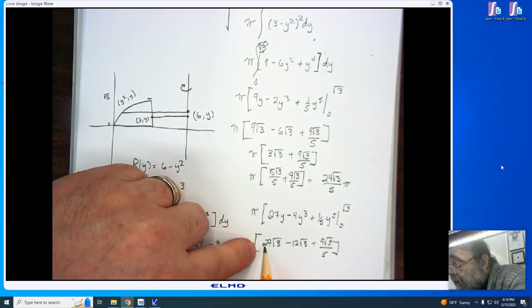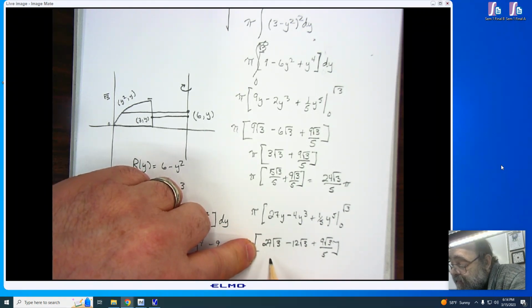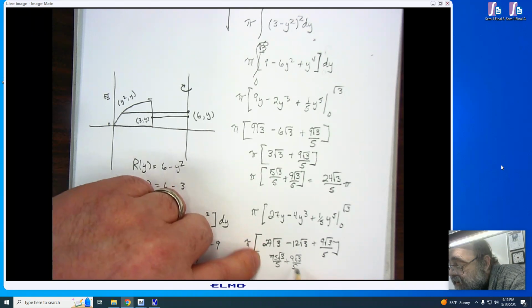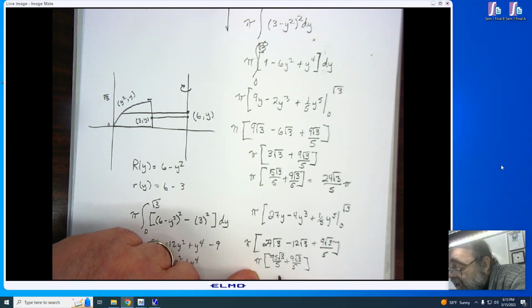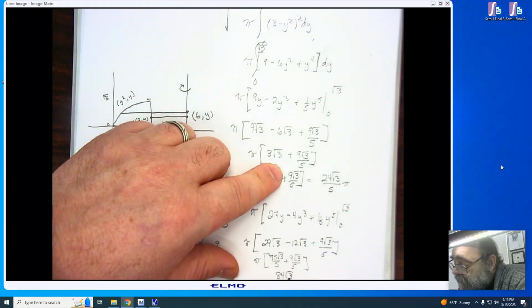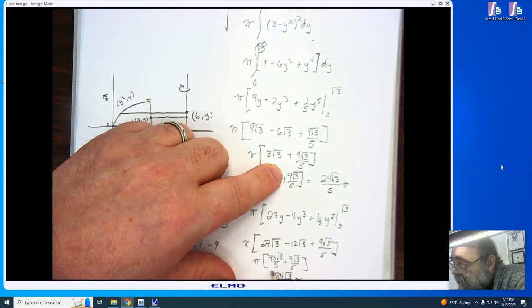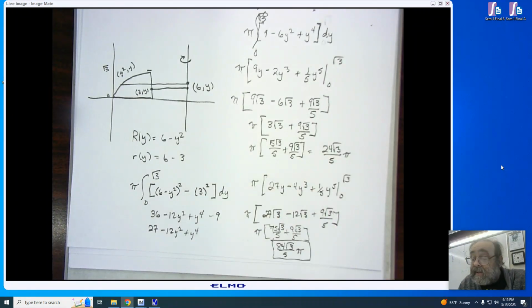We're looking at 15 root 3, which is going to give me 75 root 3 fifths plus 9 root 3 fifths is going to give me 84. So I have 84 root 3 pi fifths. And there is my answer to number D from number 11.